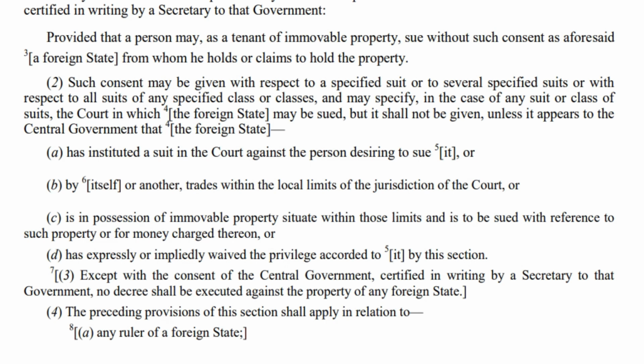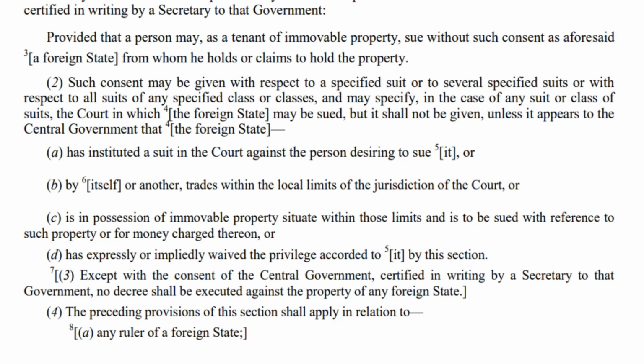So when it will not be given: when it appears to the central government that the foreign state, point A, is trying to sue a person who is desiring to file a case against it. For example, imagine I am a foreign state. You are planning to file a case against me.